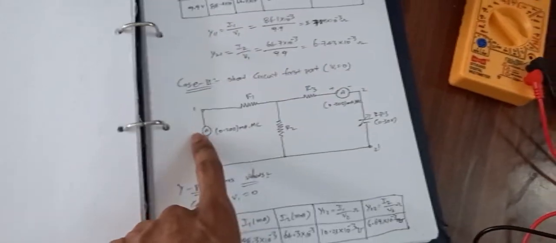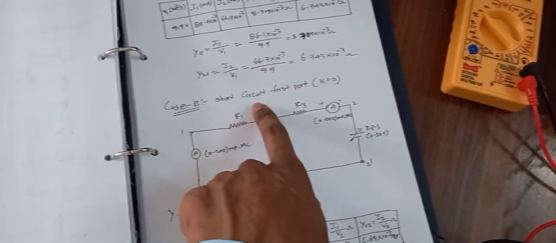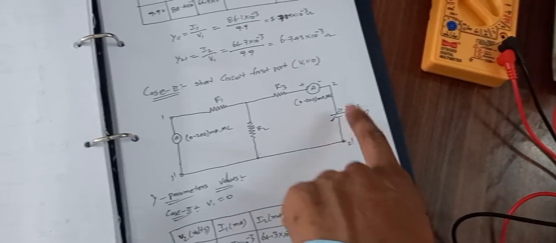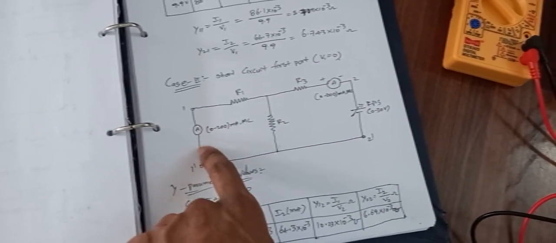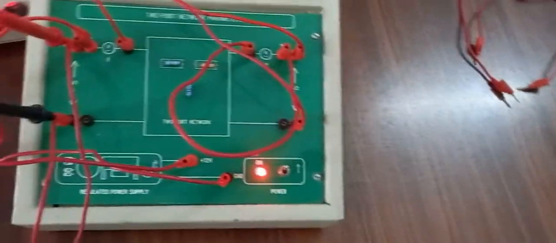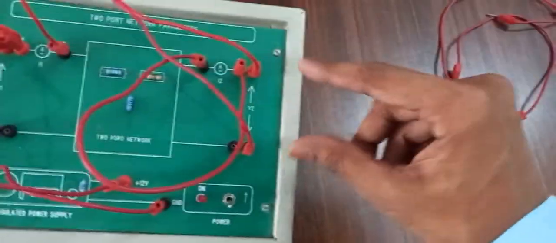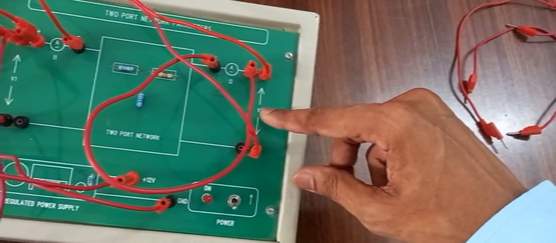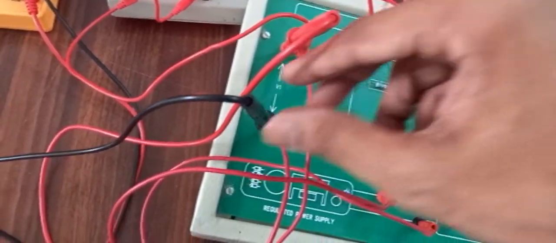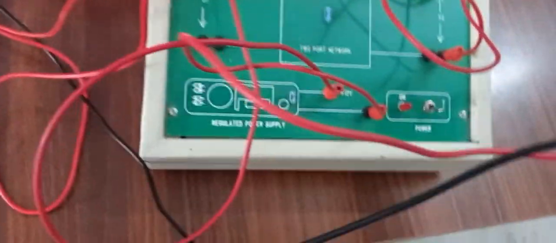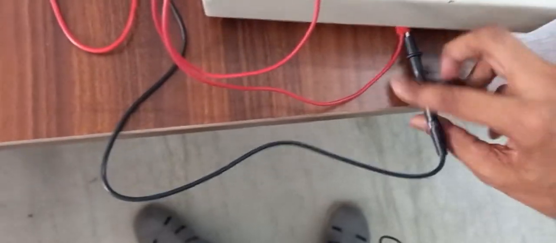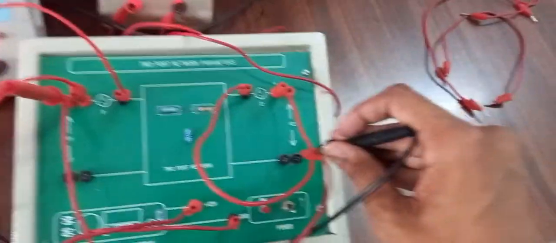Same like that we are going to connect case 2 also, but here on the second port side we are going to take the power supply, and on the first port side we are going to connect one ammeter in series. So you remember this one has a power supply we connected previously at port 1. That power supply I am going to connect at the port 2 side.